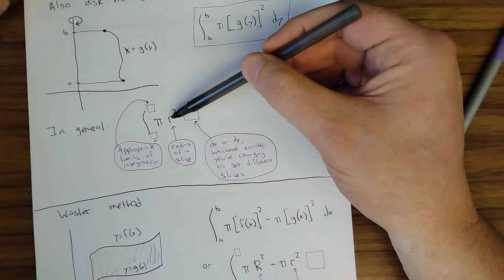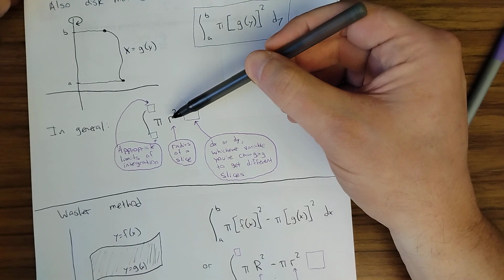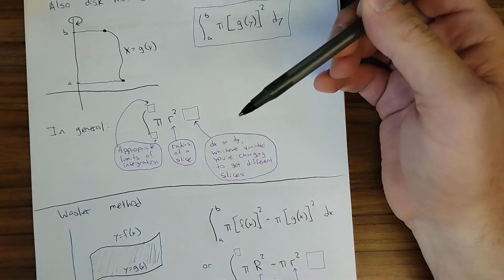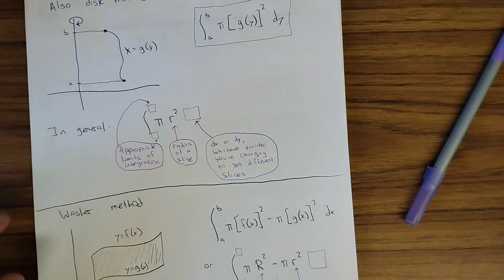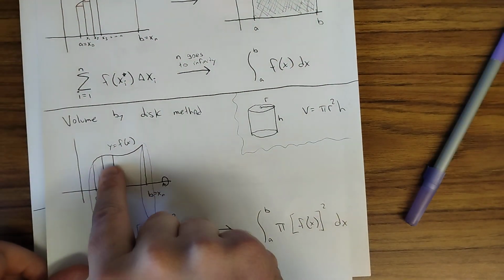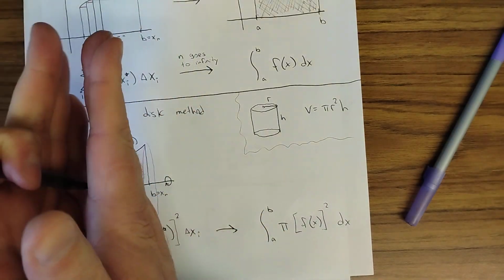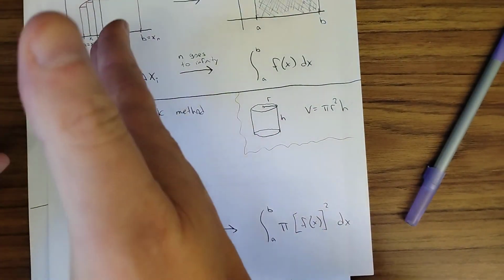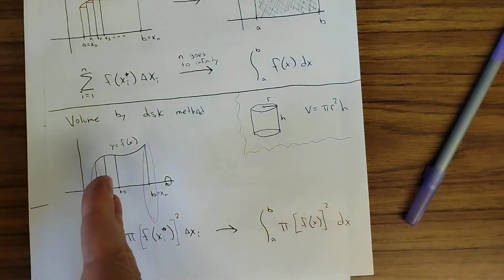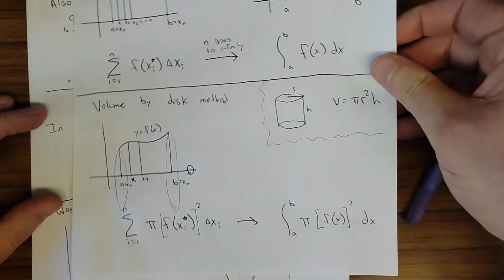This r, it's the radius of a slice, and when I say slice, I mean a very skinny one, like these things, but we're imagining them getting skinnier and skinnier. So I imagine it like I'm slicing through the shape with my hand.